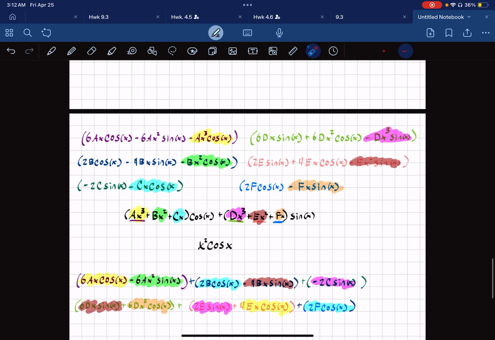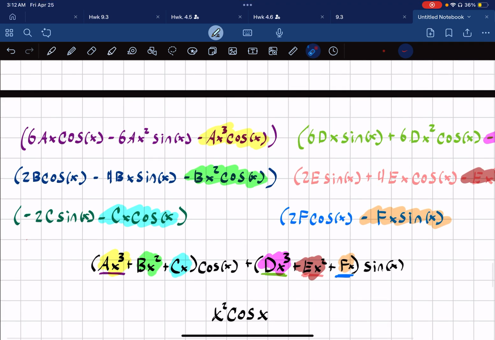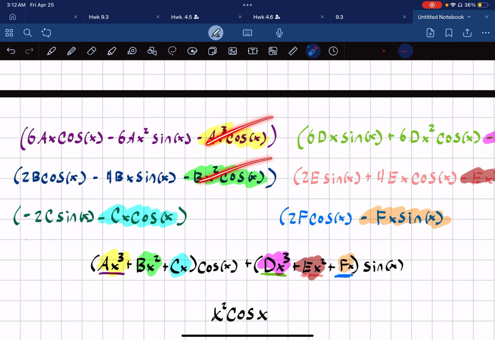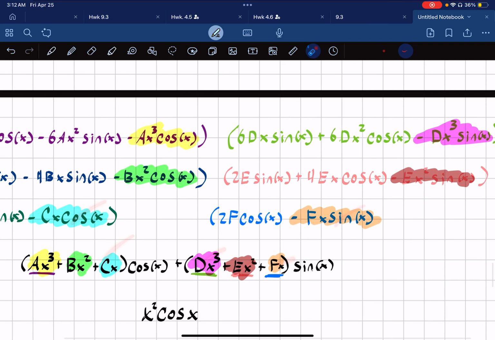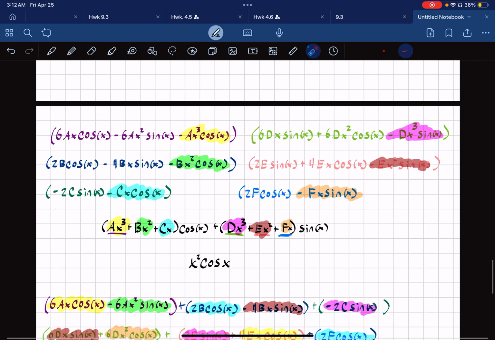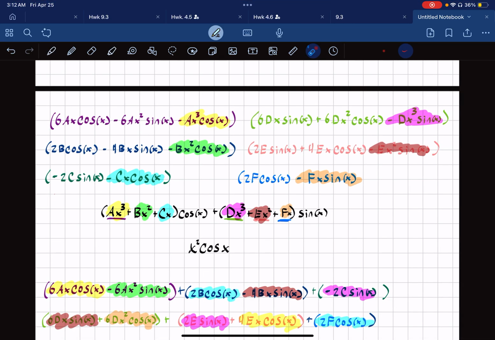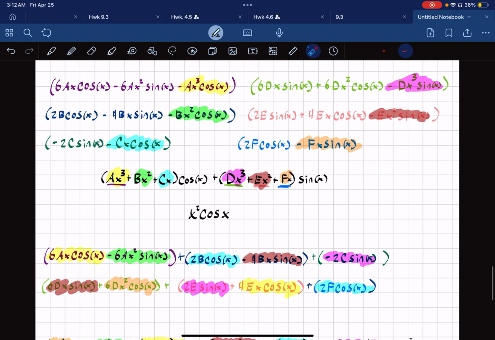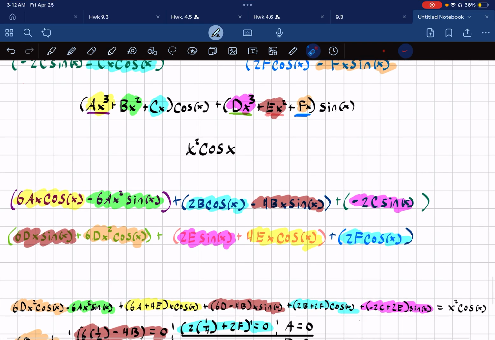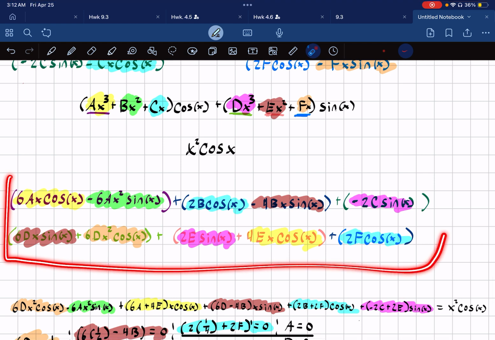So what I did is basically cancel all the similar terms out. So we have ax cubed cosine x, the negative sign here, and that cancels out. Negative bx squared cosine x, that cancels out, and so on. You get the rules. I color coded it for you guys. And now I just have the remaining stuff here.